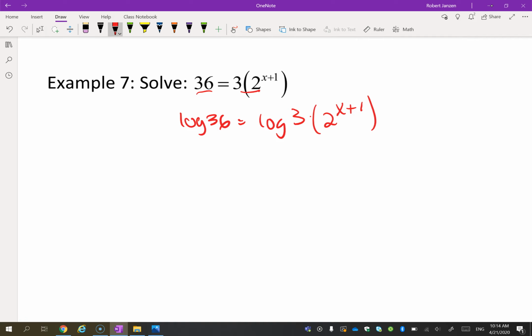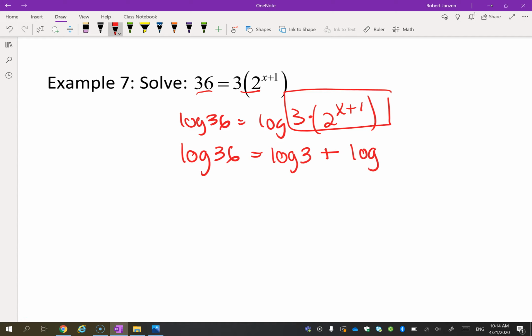But your next step, you need to be careful with here. This log has this entire thing in its argument. And what do we do when you see a multiplication? You should have log 3 plus log 2 to the power x plus 1. Okay? That's a really, really common error.